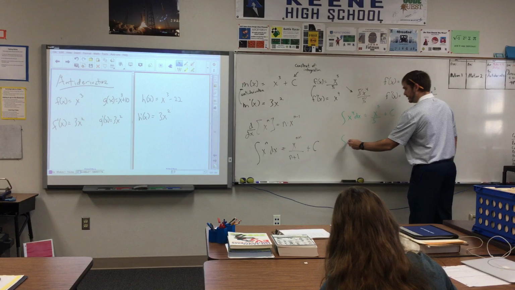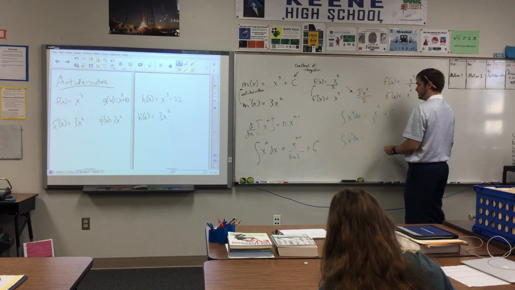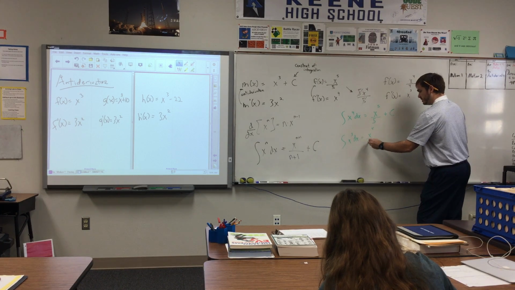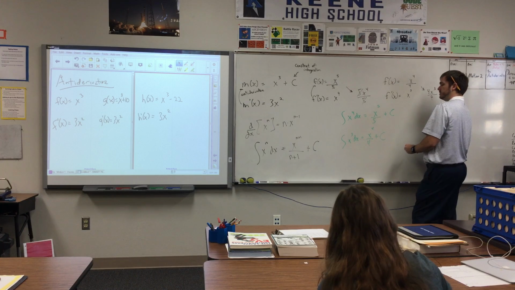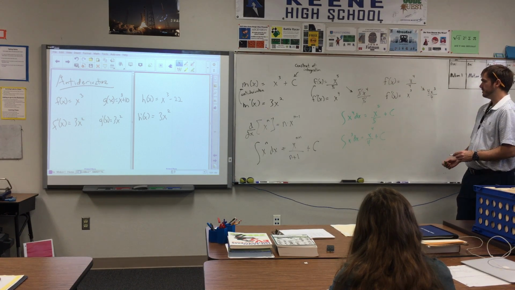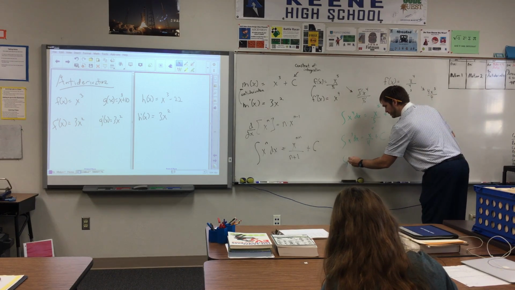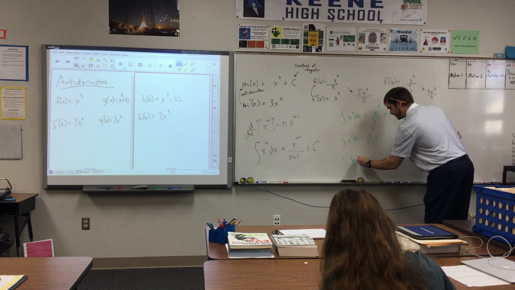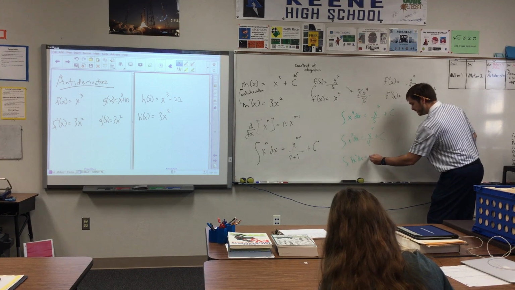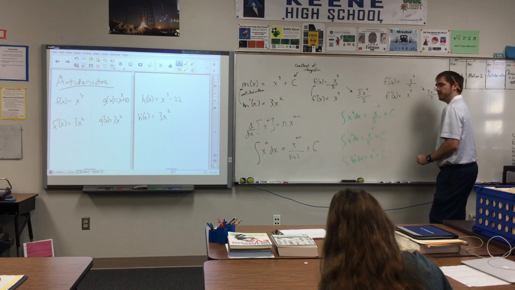The antiderivative of x cubed dx is x to the 4th over 4 plus c. The antiderivative of 3x squared dx is x cubed plus c.